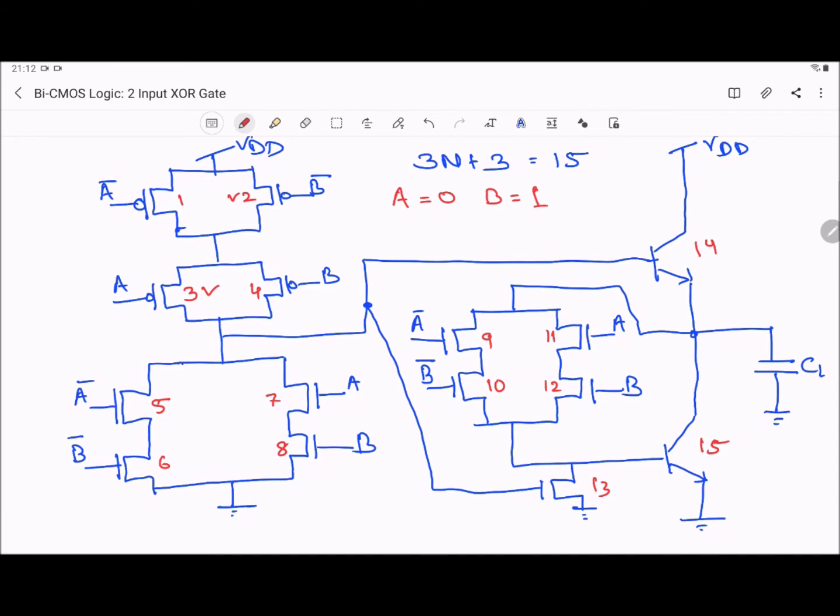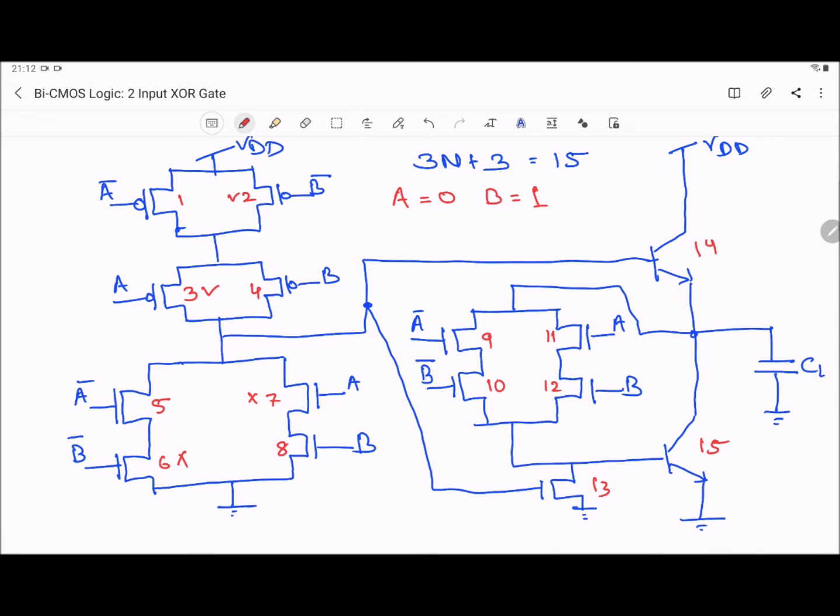As A is 0, transistor 7 is not going to conduct. B is 1, so transistor 6 is not going to conduct. Therefore, we don't have a direct path to ground from the output node of the CMOS logic.